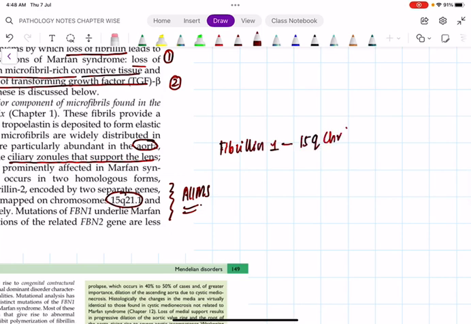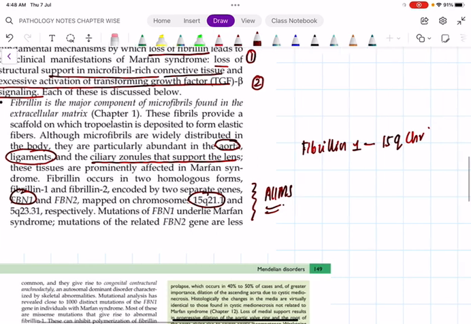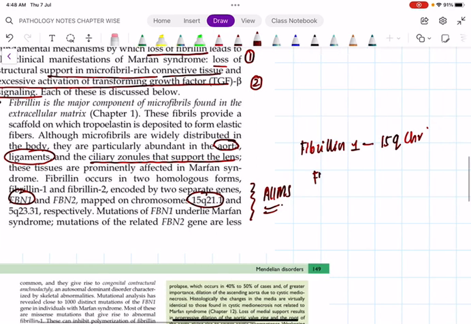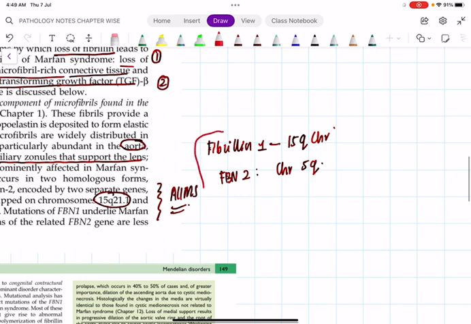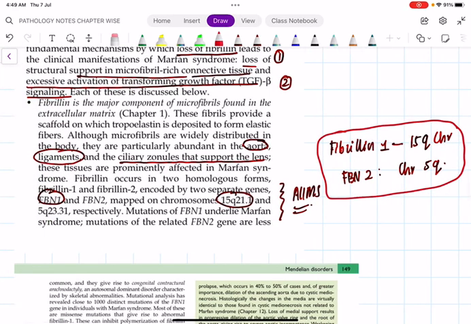Don't worry about remembering 21.1, that's not needed. Remember 15q, whereas fibrillin 2 is coded by chromosome 5q. Please remember these two points: fibrillin 1 is chromosome 15q and fibrillin 2 is chromosome 5q.